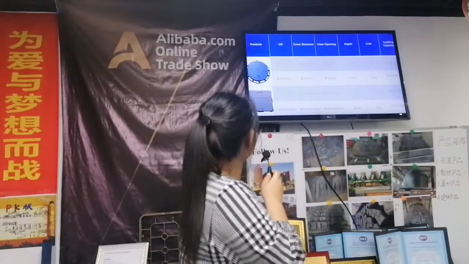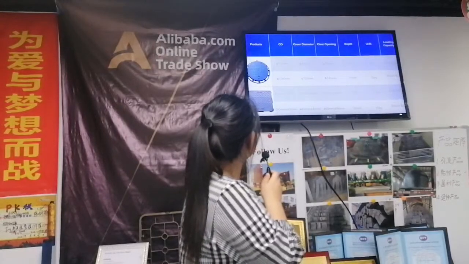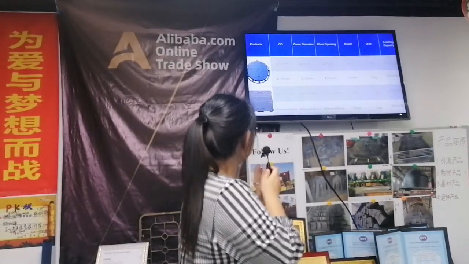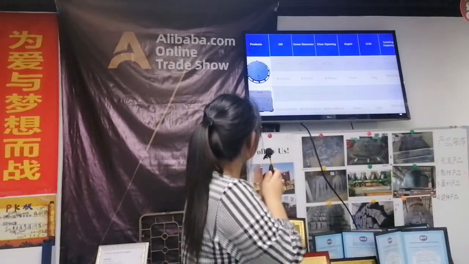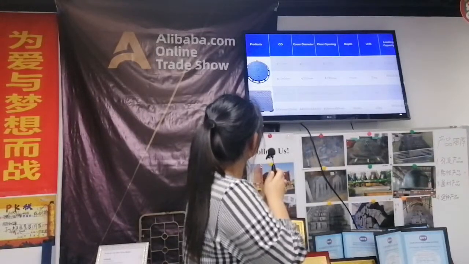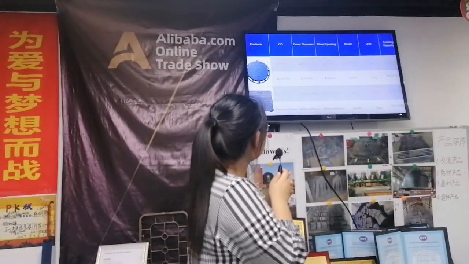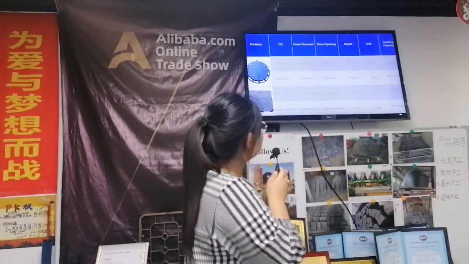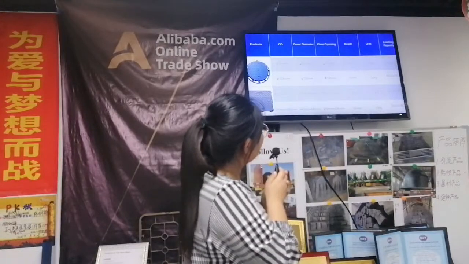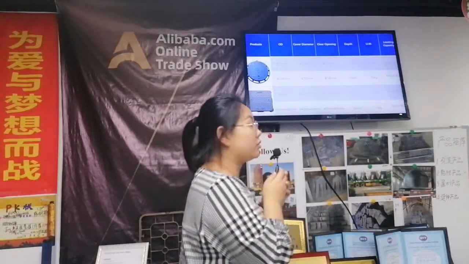Another example. Every product has two sizes, and every size has outside diameter, cover diameter, clear opening, depth, unit weight, and loading capacity. You can choose what you like.